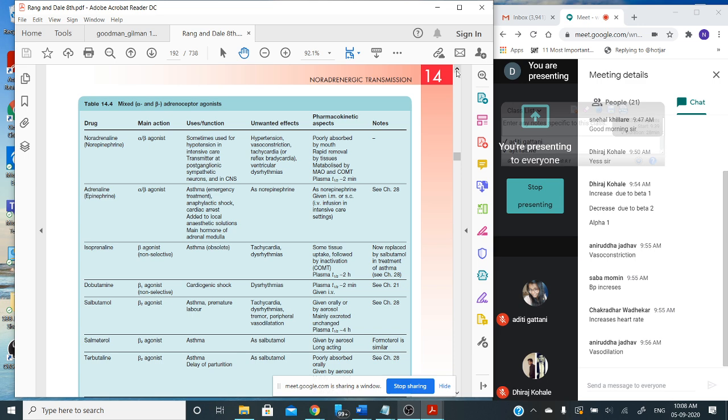If it is used excessively, it can cause hypertension. So what are the adverse effects? It can cause hypertension, vasoconstriction, tachycardia, or reflex bradycardia. I hope you understood why reflex bradycardia. Reflex bradycardia means the drug will cause a rise in blood pressure, but the baroreceptors will sense it, send the information to the cardiovascular center, and the cardiovascular center will cause slowing down of the heart rate.